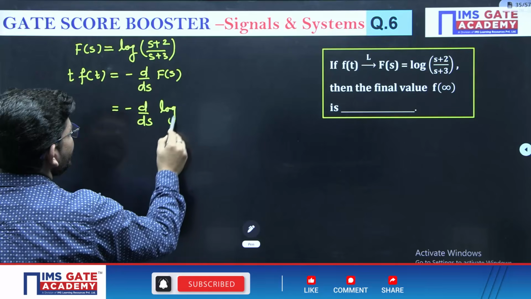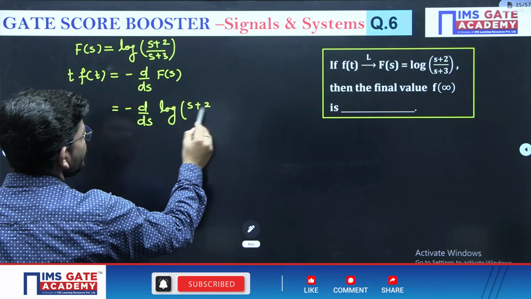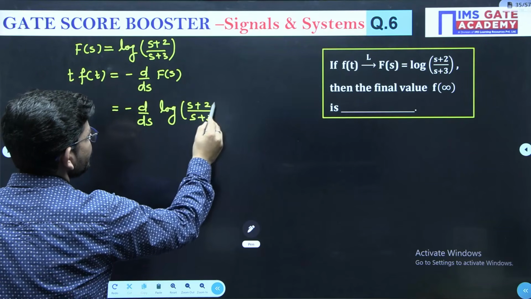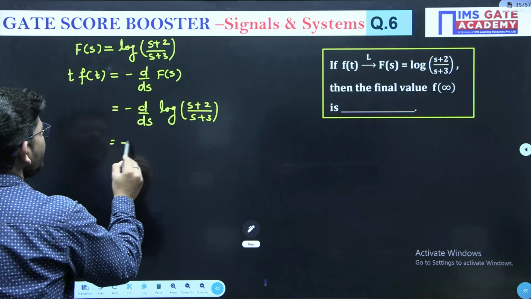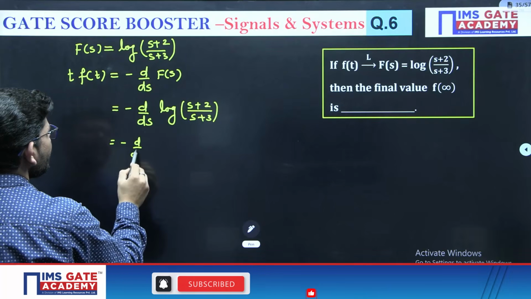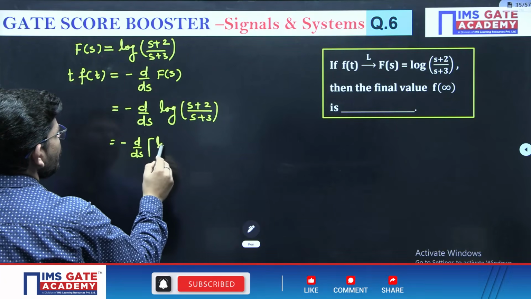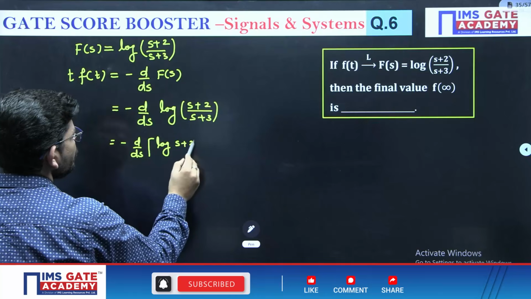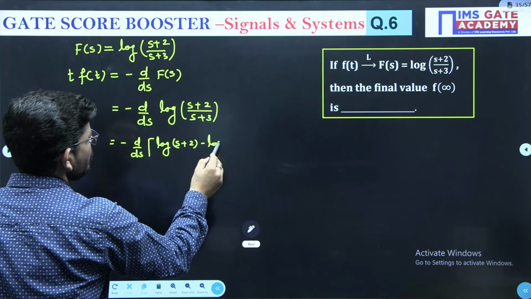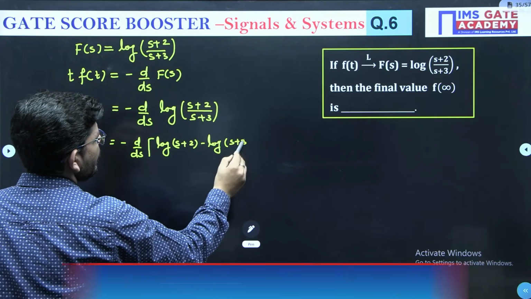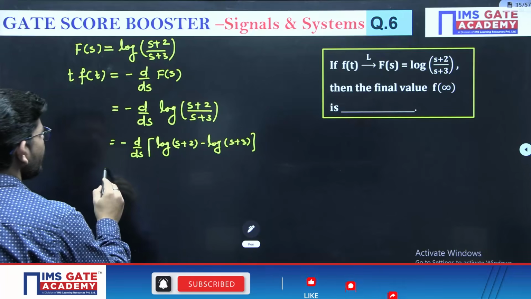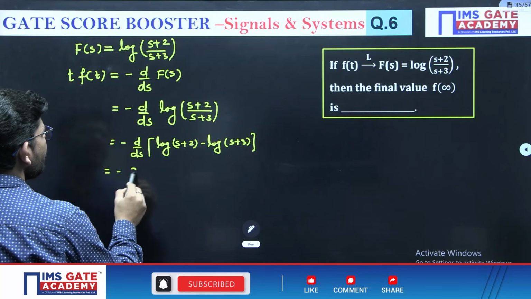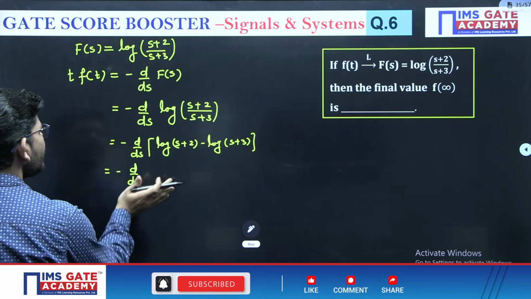This is how you will recognize what you have to do in this question, the way I discussed with you. Okay, now we can write it as minus d by ds of log(s+2) minus log(s+3). Now just differentiate.